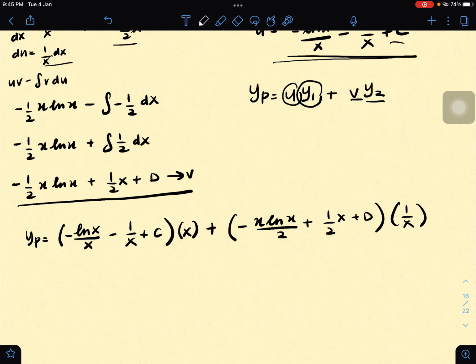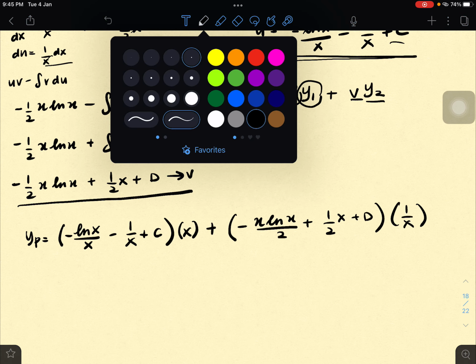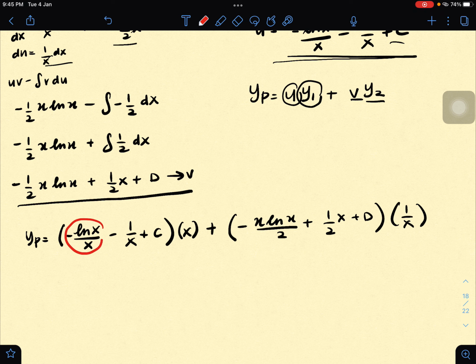Okay, so you can see here, when you multiply negative ln x dengan x, you boleh potong x yang bawah ni. So your yp tinggal negative ln x. Sama juga macam ni, you boleh potong, so tinggal negative 1 plus with c darab x is cx. Okay, so yang ini pula, bila ini darab dengan ini, yang atas dengan yang bawah boleh potong.